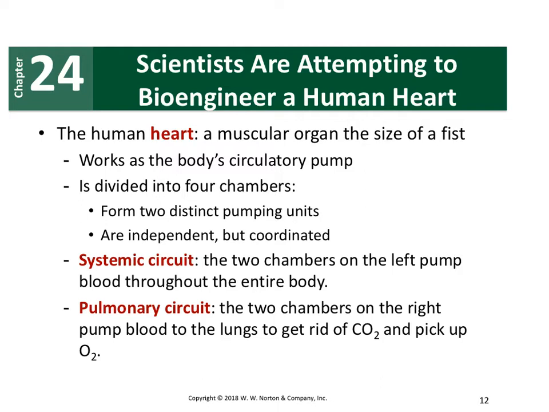There are two circuits that are tied together. The systemic circuit, the two chambers on the left, pump blood through the entire body, and the pulmonary circuit, the two chambers on the right, pump blood to the lungs, get rid of CO2 and pick up O2, and then back to the heart to be pumped out through the systemic system.